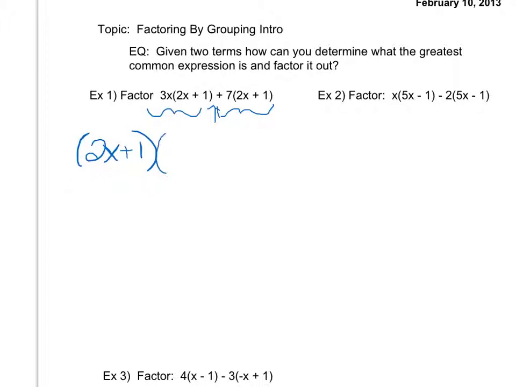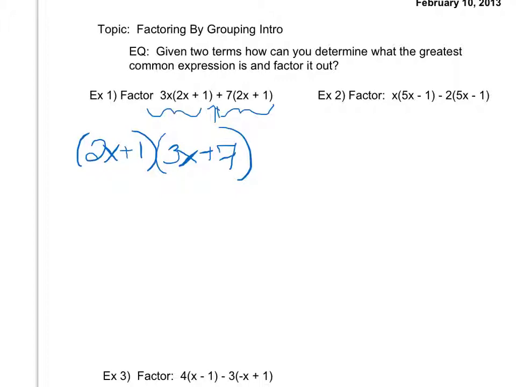Then I add my next parenthesis, just like I have before when I've taken out GCFs, and I ask myself, from this first term, if I take the 2x plus 1 out, what am I left with? Well, I'm left with a 3x. From the second term, if I take the 2x plus 1 out, what am I left with? Well, aren't I just left with a plus 7? And if my goal of factoring is to get a multiplication problem, have I indeed taken 2 terms that were being added, and now have just a multiplication problem where I have 2x plus 1 times 3x plus 7?